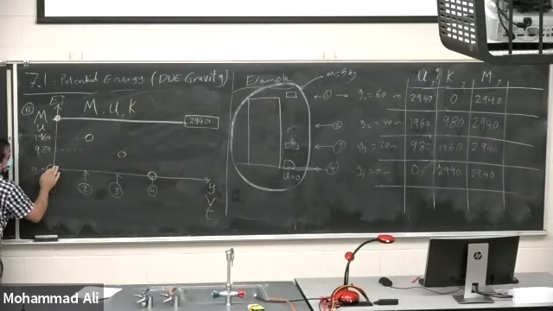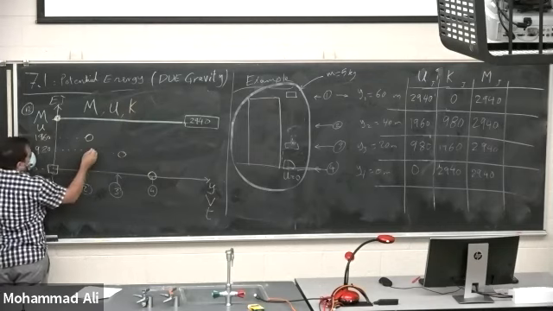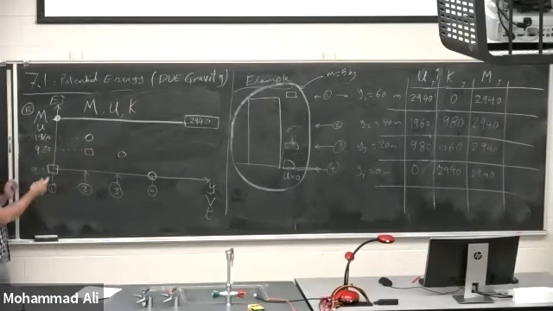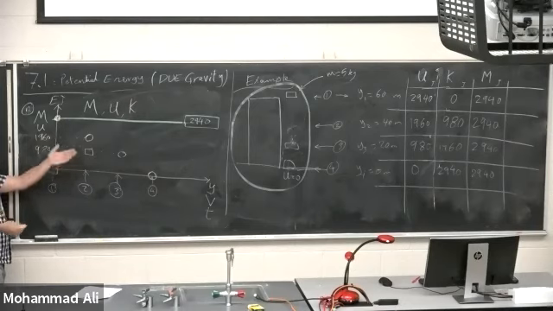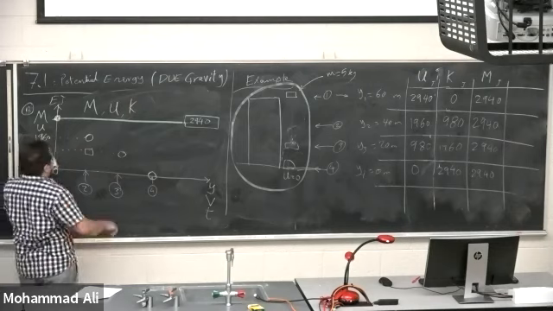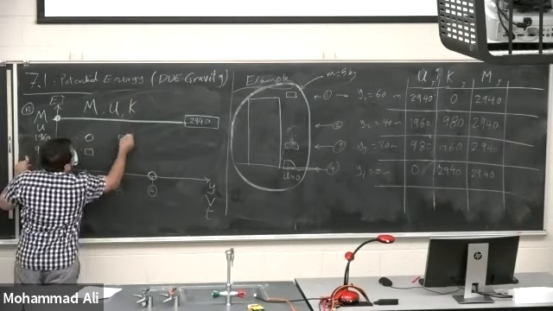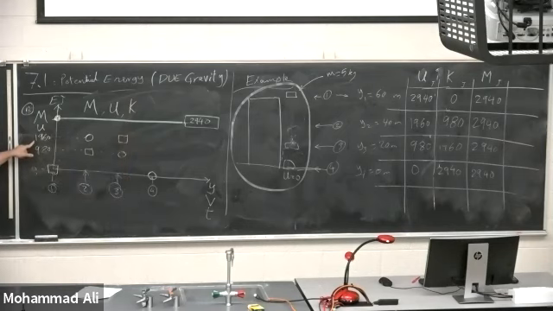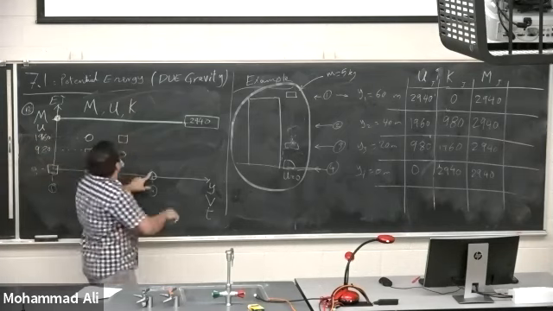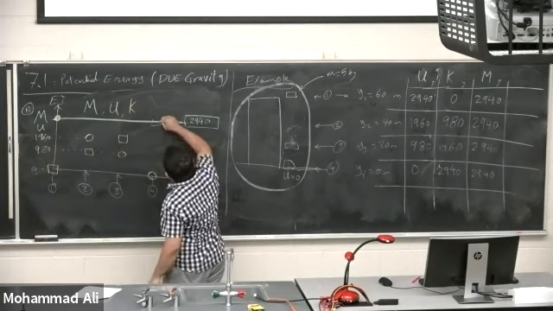Now, the kinetic energy was 0, then because some work is done by the gravity, the kinetic energy becomes 980, then 1960, then finally the kinetic energy is the maximum.